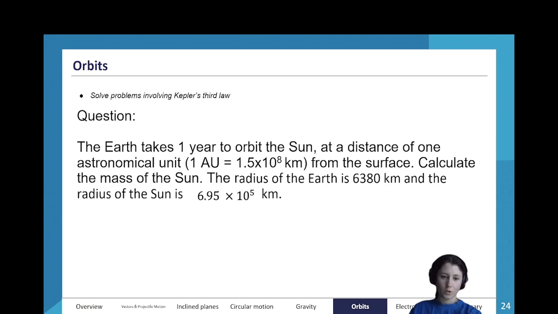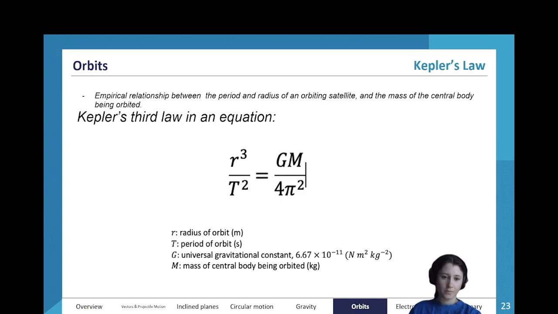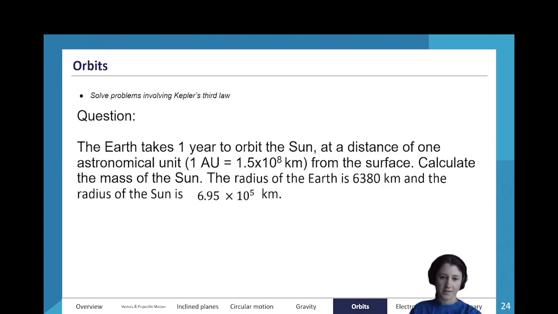We know that r cubed over t squared equals GM over 4 pi squared. We need to calculate the mass of the Sun, which is going to be our big M here.